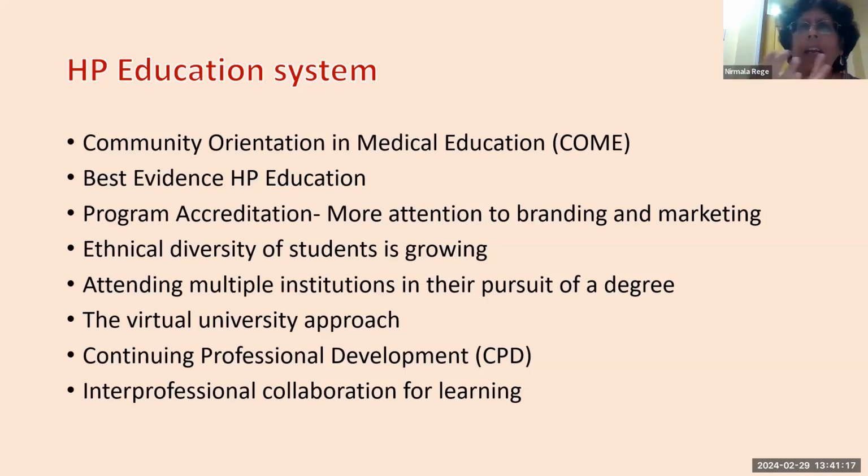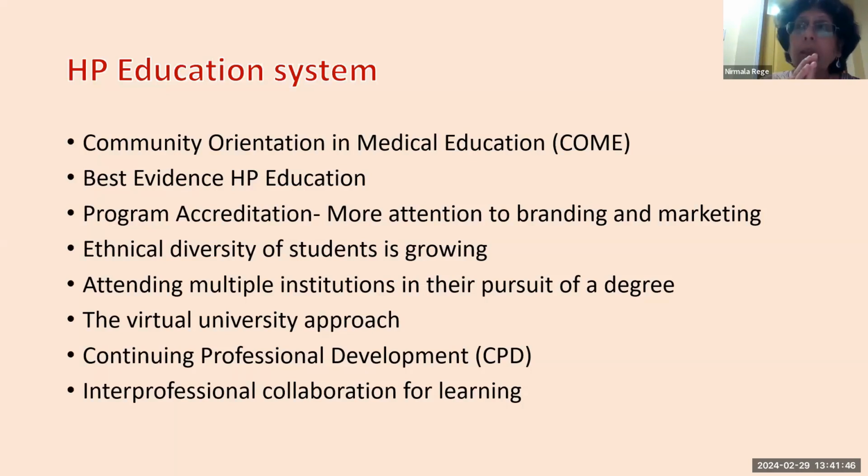And naturally, it has another side, that people are paying more attention to the branding and marketing of their education. That is also happening. Secondly, because of student globalization, the students are moving from one place to another place, and there could be ethnic diversity amongst the students, which our education system should address.